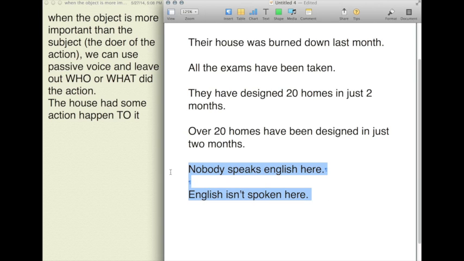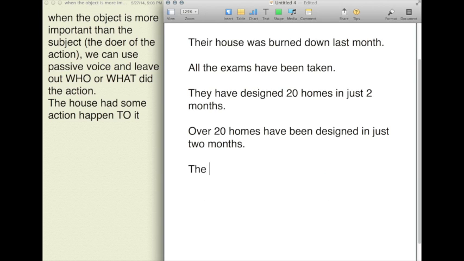Okay, and I'll give you one more example. The TV was left on all night. If I want to focus on the TV and not who left the TV on, I will say this one. So this is a passive sentence because the TV isn't doing anything. If I want to say who did it, I would say "I left the TV on all night."